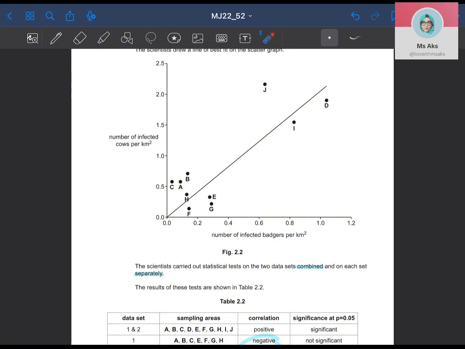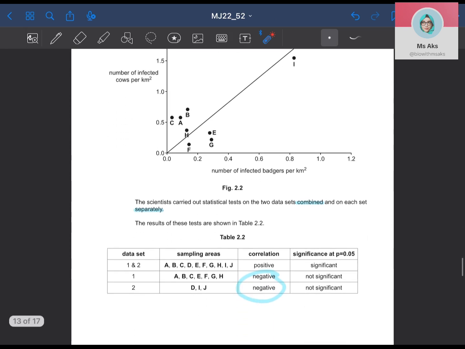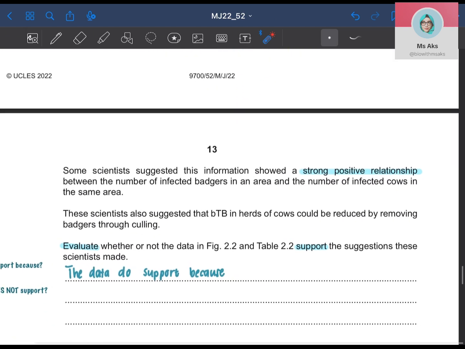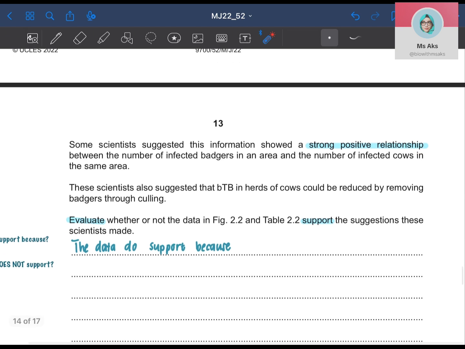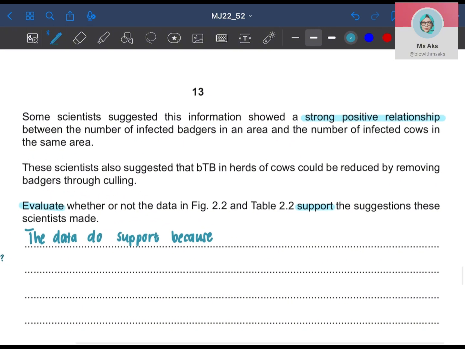So we can actually use this information to support what the scientists have suggested here. It does show a strong positive correlation. All right, so we can use that.